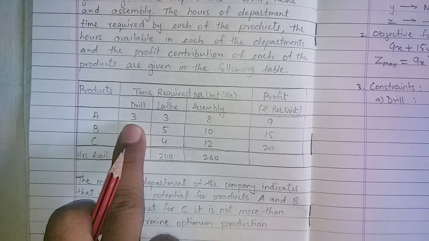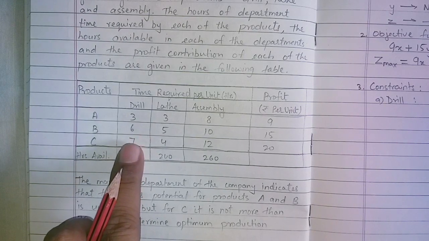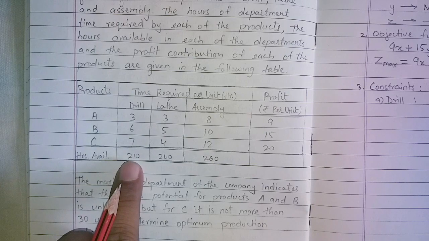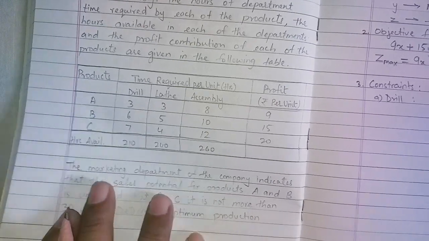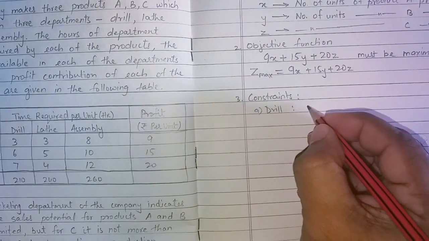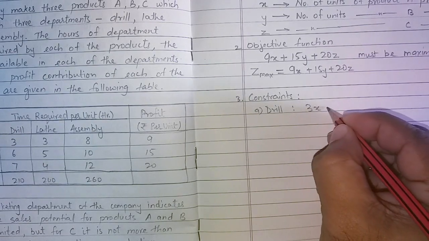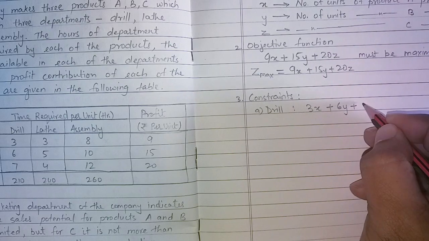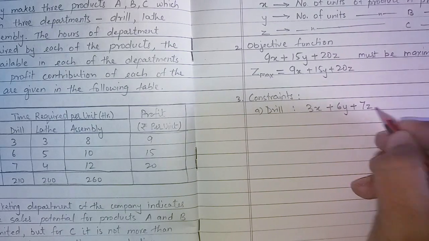For B, it is 6 hours, and for C, it is 7 hours, whereas the maximum hours available is 210. So for drill, I can write 3x plus 6y plus 7z.